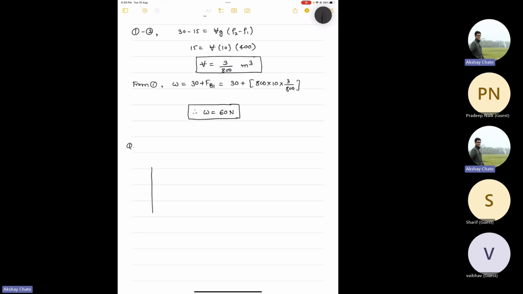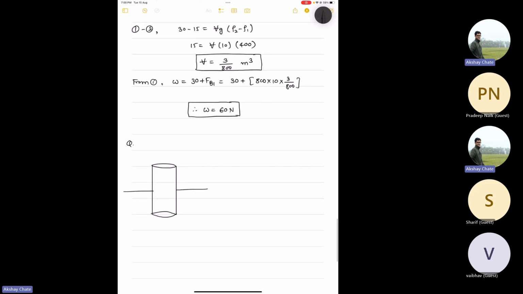It is like this, and it is floating, and this is the water or maybe whatever is the fluid, that level. This is the free surface. It is not completely submerged. Okay, this is the other case. This is a floating thing, and the diameter is given as d.